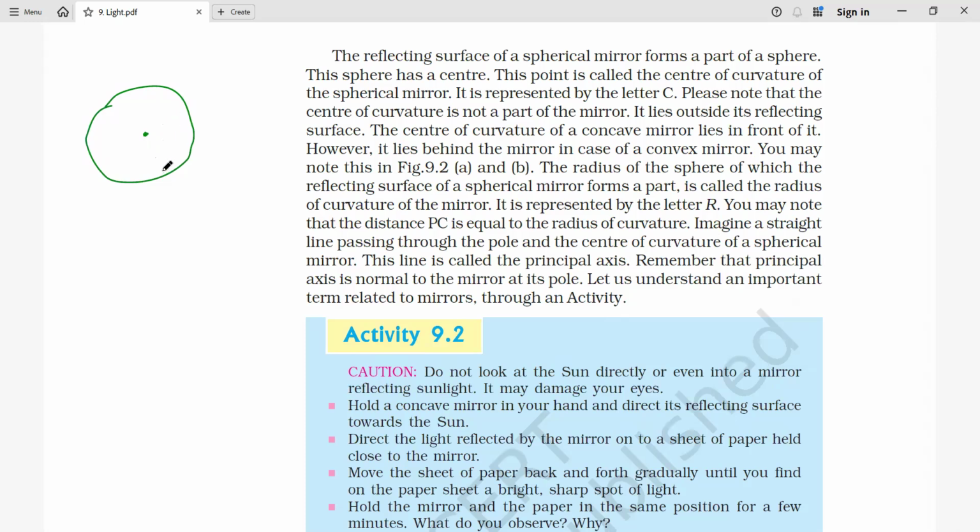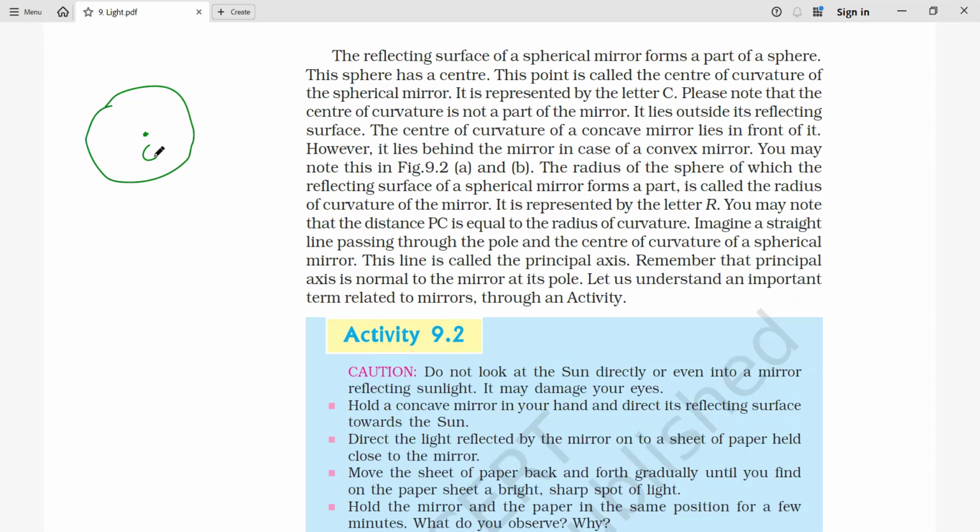Finally, it is part of some sphere. The center of that curvature is called the center of curvature, and it is represented by C. So C is the point called the center of curvature, or the center of the sphere by which the mirror is formed.